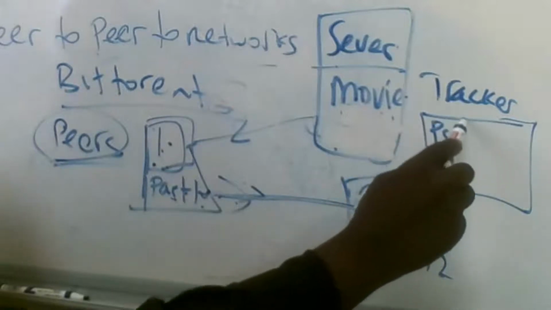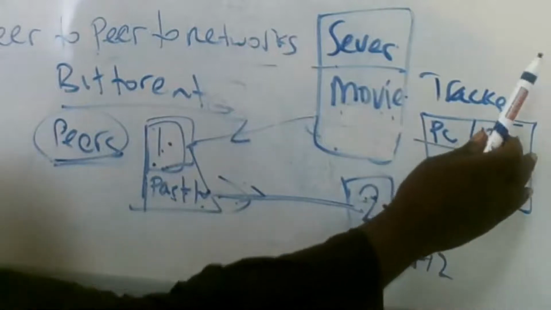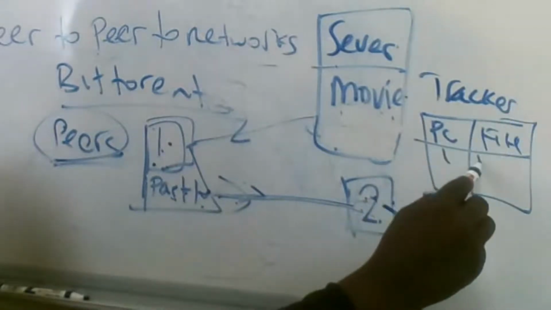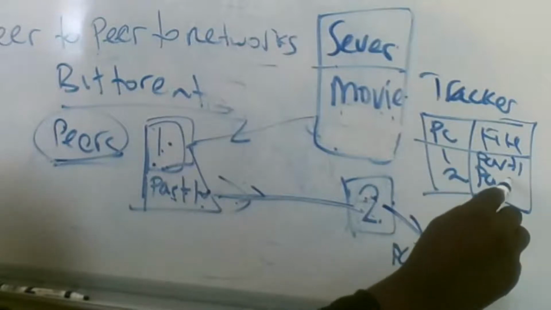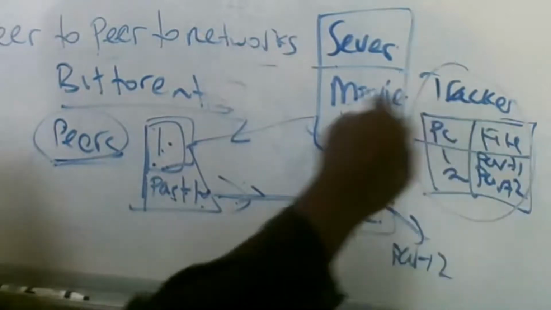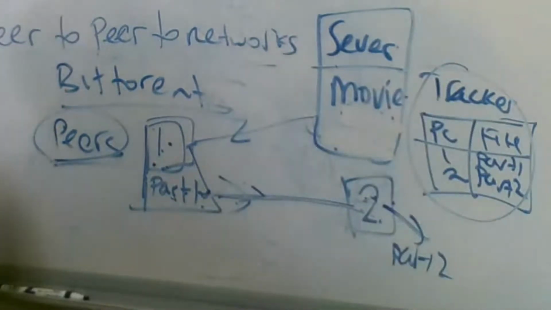The tracker will be showing the computer and the file that it has. So it shows that computer 1 has got part 1, computer 2 has got part 2. So the tracker is like a collection of information showing which files have been downloaded by which computers, so that the other computers that need those files can know which computers to pick the files from. It's called a tracker.